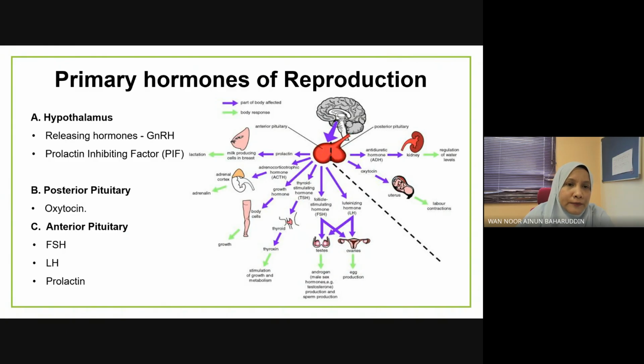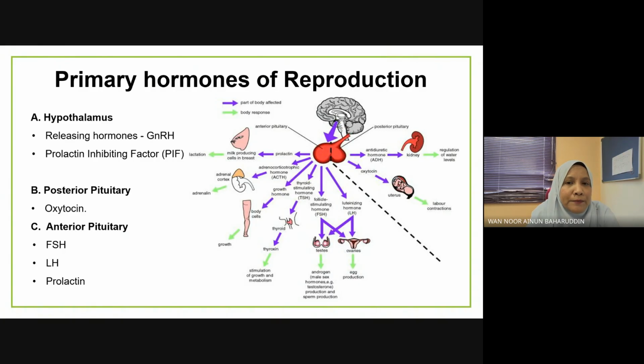So you see here the primary hormones of reproduction. We have three parts of the brain that induce the production of hormones. For the first one, the hypothalamus inside the brain, it releases two types of hormone, GnRH and prolactin inhibitor factor, PIF.